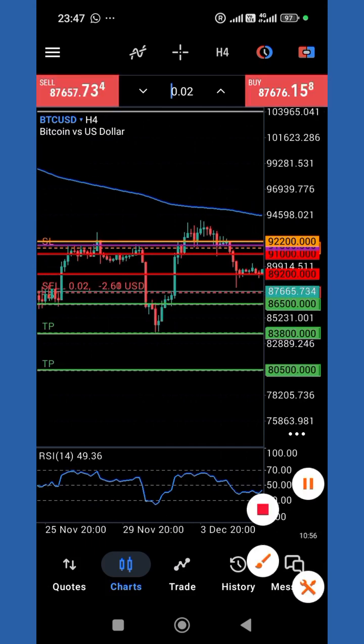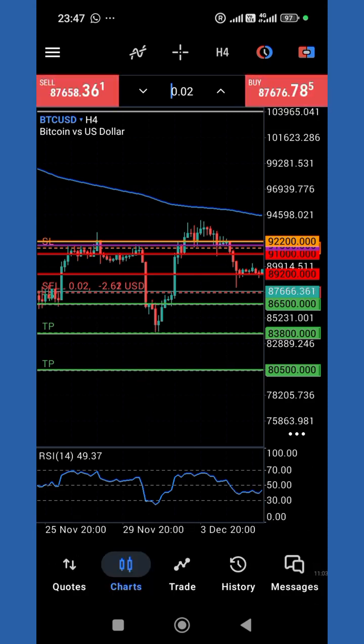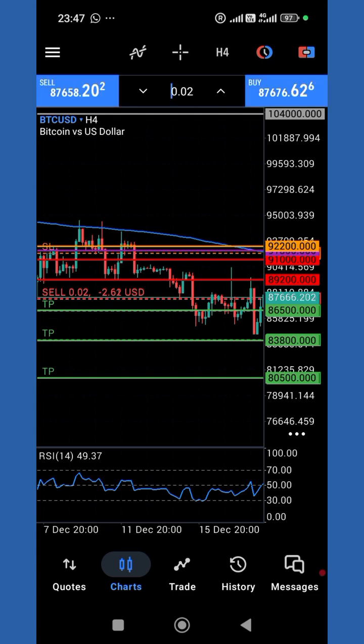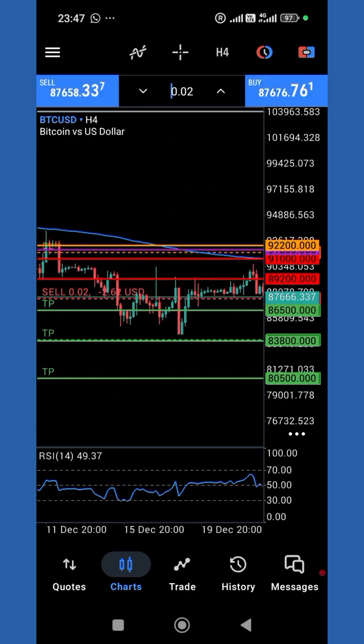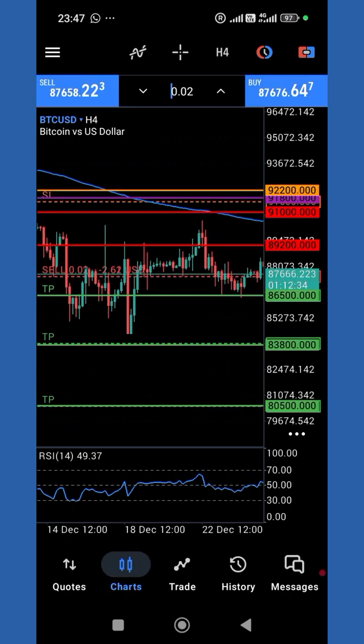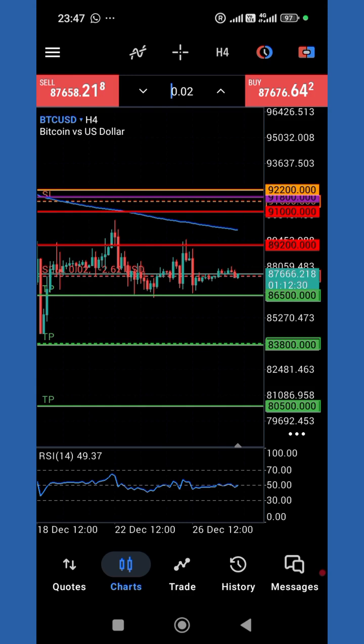We have another one here. See it here again, clear bounce right from there. The market still continues and almost touches it right here, but not touched. We have one here, another one right there. So this shows that that particular zone is a strong one.